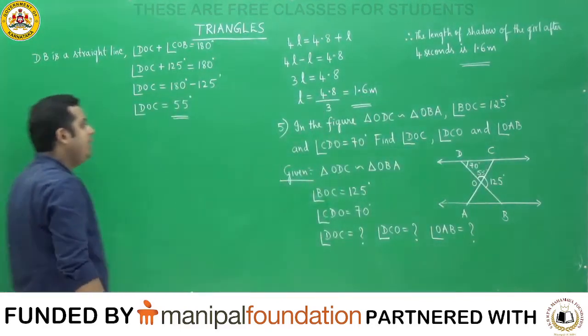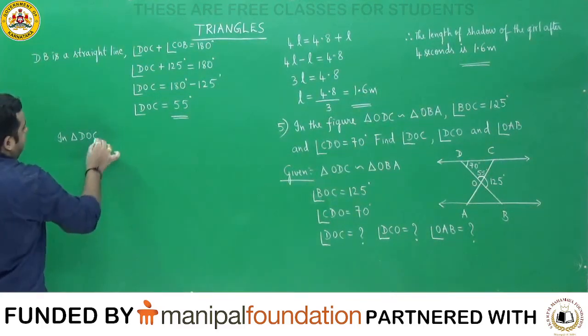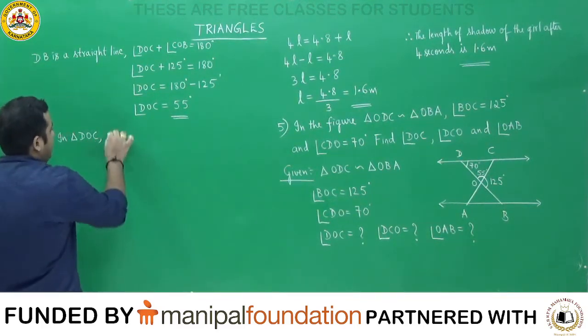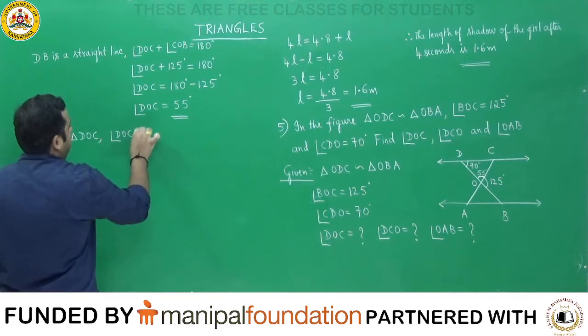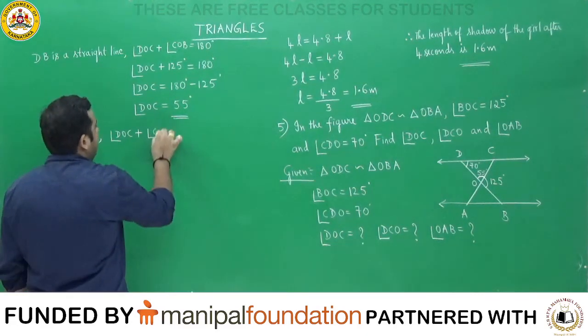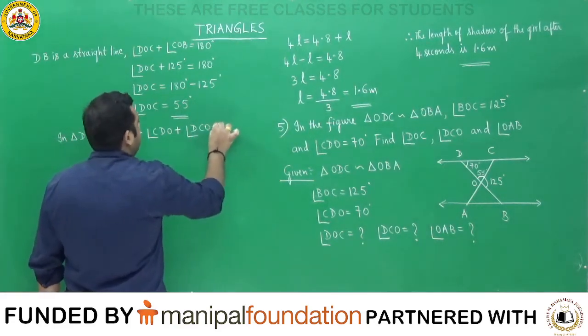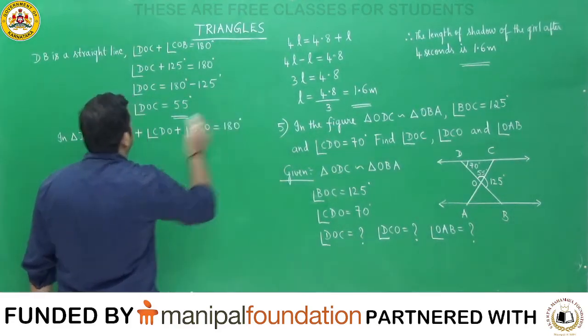Now in triangle DOC, I can say that angle DOC plus angle CDO plus angle DCO is equal to 180 degree.